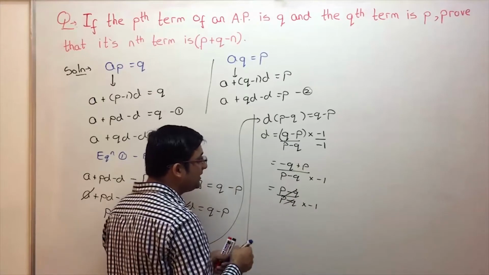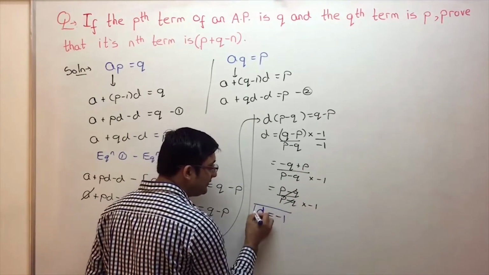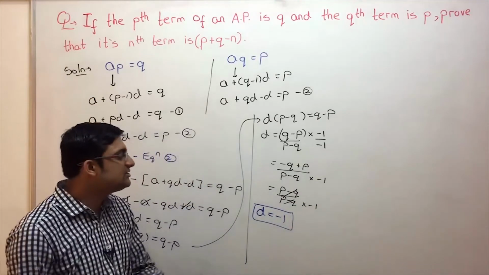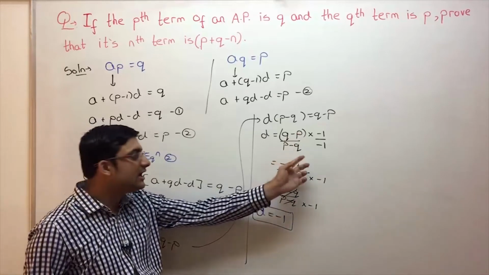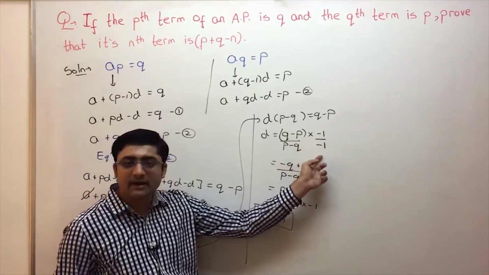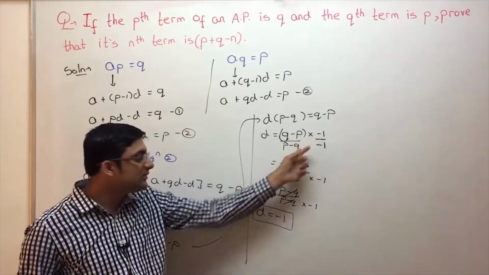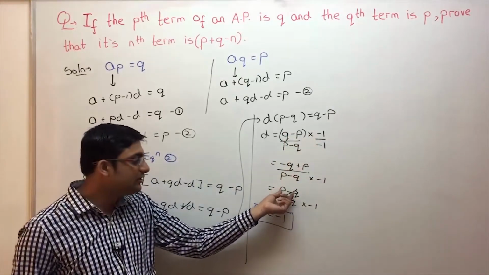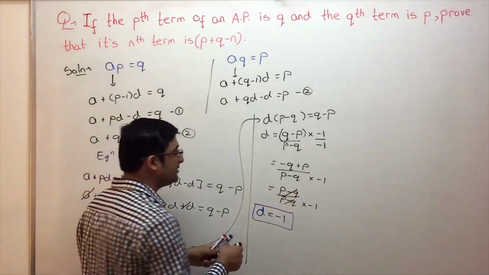From here we get the value of D is equal to 1 upon minus 1, that is minus 1. In general, whenever you have the same terms and opposite sign, you can just cancel and make it minus 1. I repeat, what did I do? I multiplied by minus 1 and left the denominator's minus 1 as it is. Q minus P into minus 1 is basically P minus Q. So these two cancel, and we get the answer D is equal to minus 1.